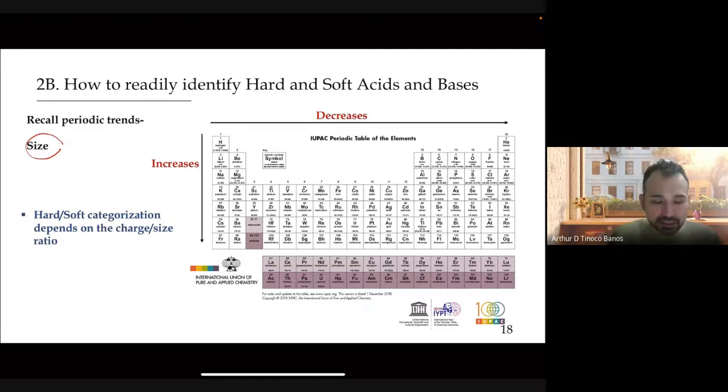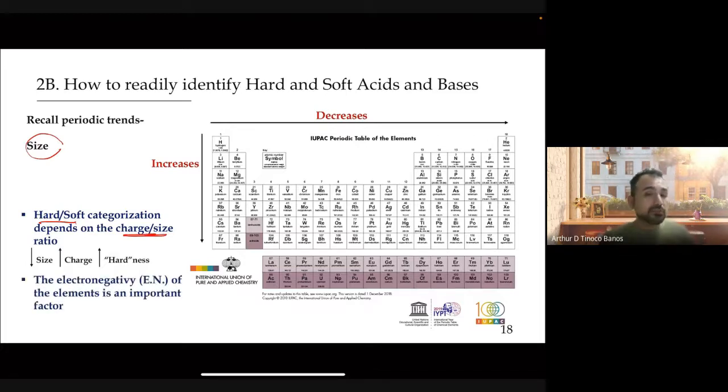And why is that? Because the hard-soft characterization, or even intermediate, will depend on the charge to size ratio. That's going to be a critical component here. The smaller the size and the larger the charge, the greater the hardness of that species.